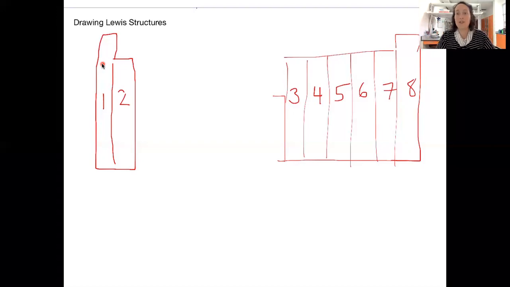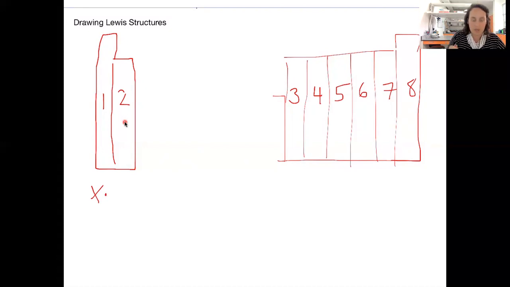Now the good news about drawing Lewis structures is that it can be pretty repetitive, again, group-wise. So any element that you're starting with from group 1, I'm just going to put an X, and that means any element. It only has 1 valence electron in its outer shell. So you only have to draw it with 1 dot.